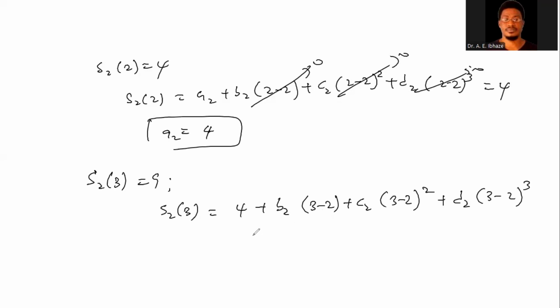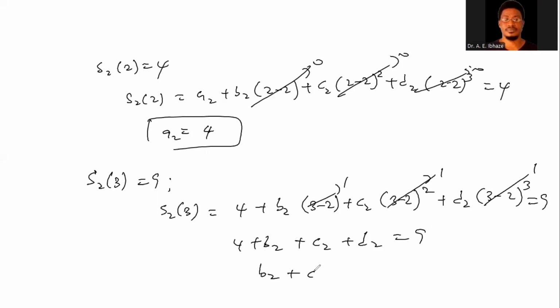And this is going to give us 9. So that's 4 plus B2 plus, this is going to be 1. This will also reduce to 1. This will reduce to 1. So that will be 4 plus B2 plus C2 plus D2 is the same as 9. So that B2 plus C2 plus D2 is the same as 5, which is 9 minus 4.